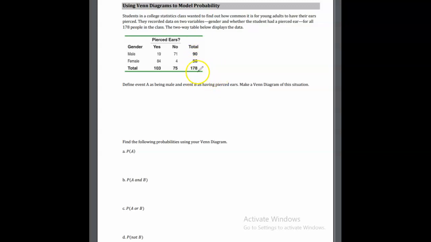So we have a Venn diagram that, depending on gender, can be if your ears are pierced. So probability of A is being a male, and probability of B is having your ears pierced. Male and ears pierced is 19.